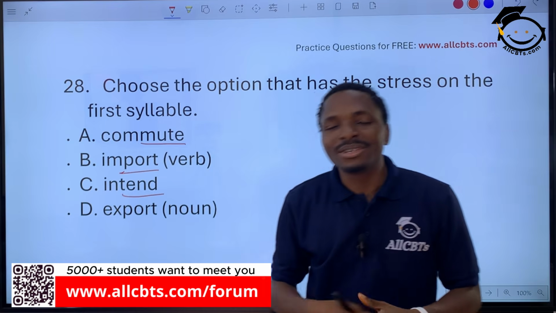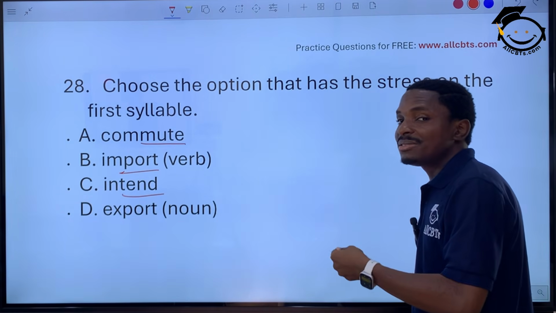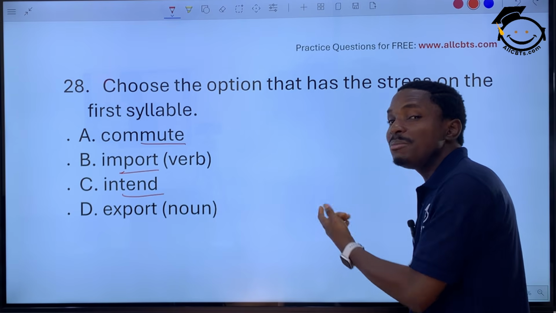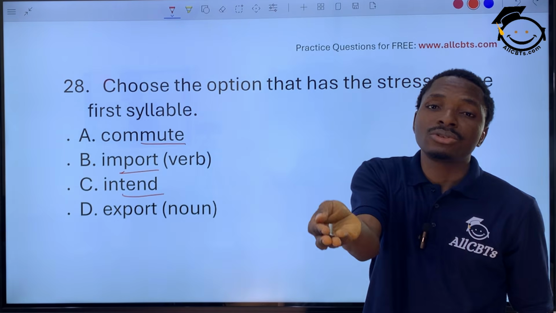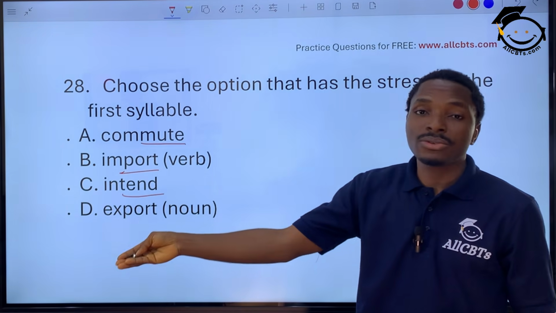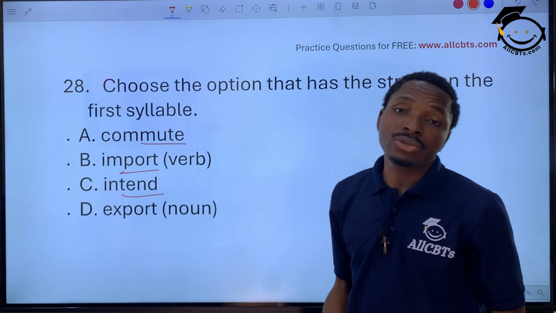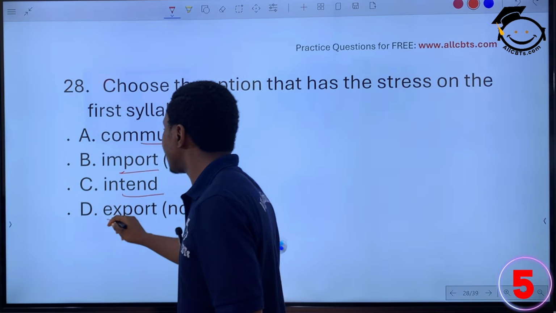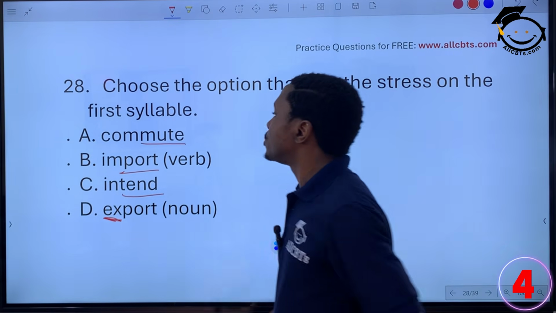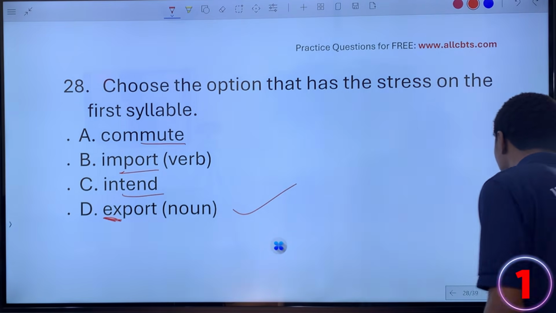But if you don't know them, okay, export. The name of the things that I'm sending out of the country. These are my exports, the goods that I'm sending to China. The stress on that one is on X. So exports is the correct one. You see how many minutes we spent on this?